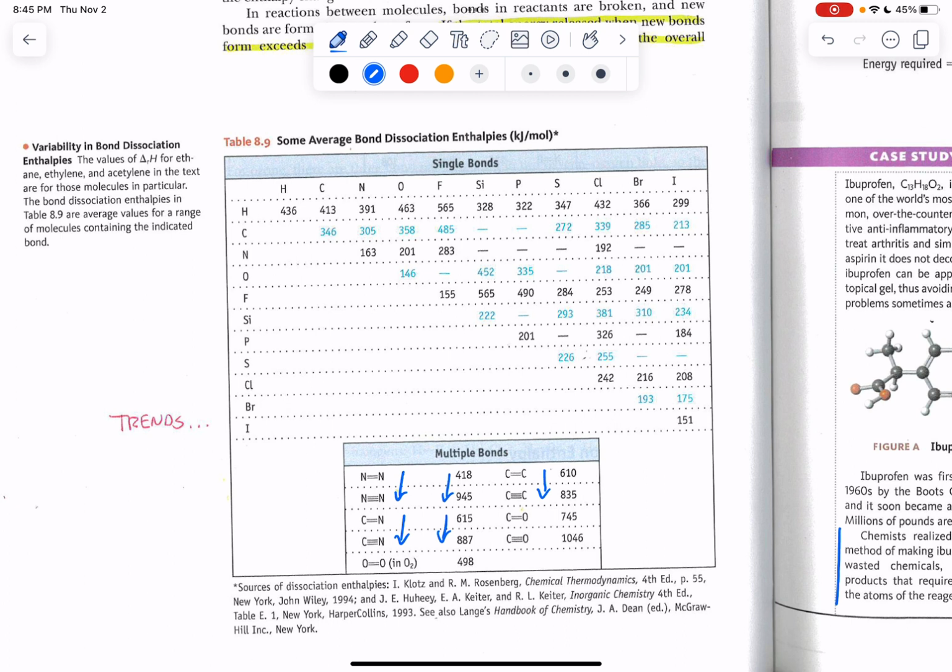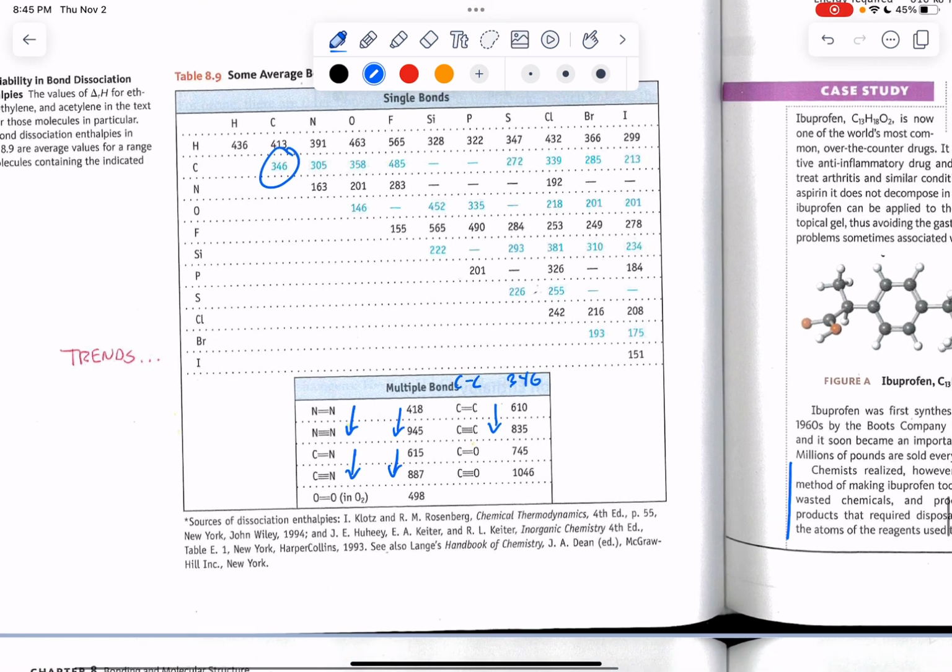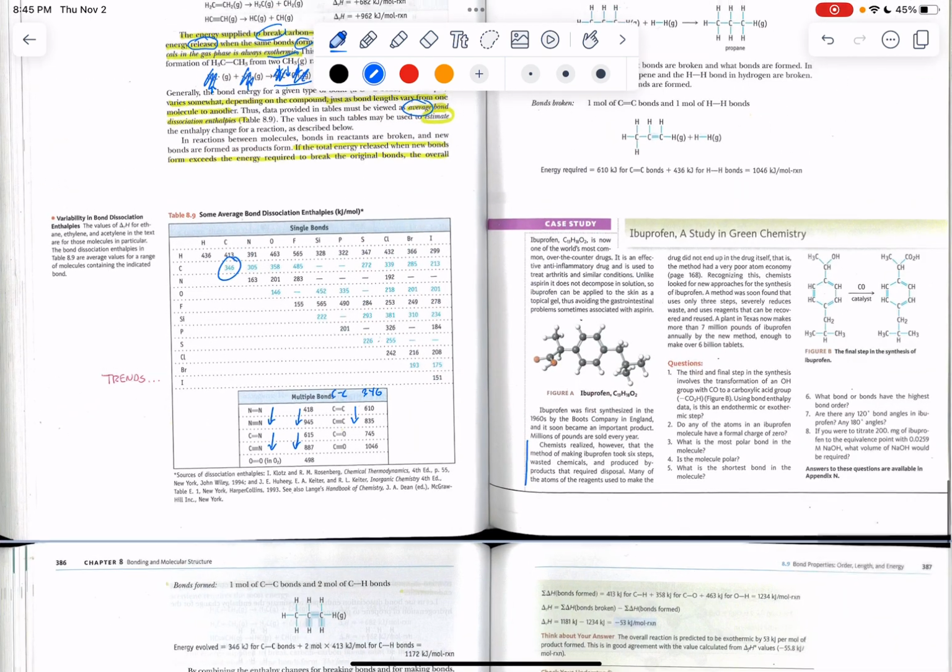In fact, if you look at a carbon-carbon bond, which is 346, you can see we've gone from 346 with a carbon-carbon to almost doubled, 610 with a double bond, up to 835 for a triple bond. And let's continue on.